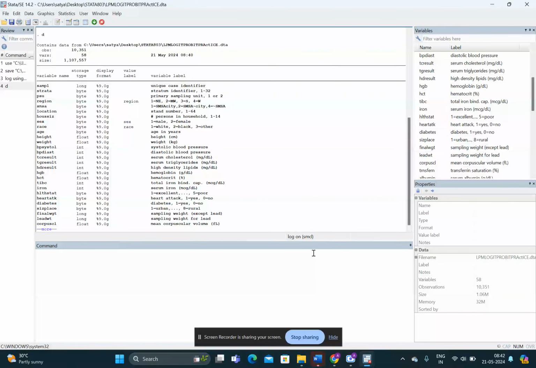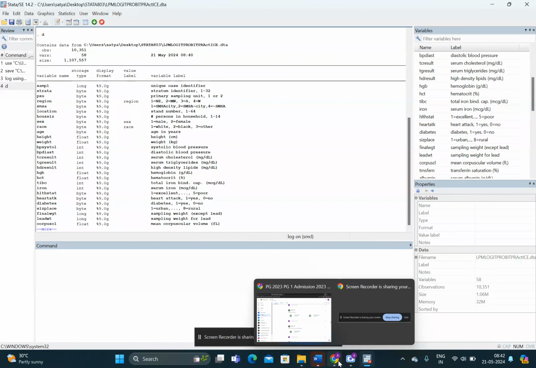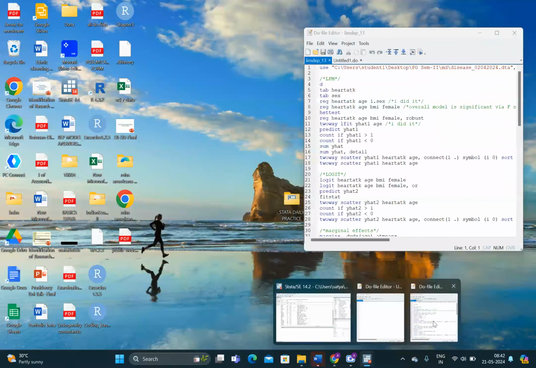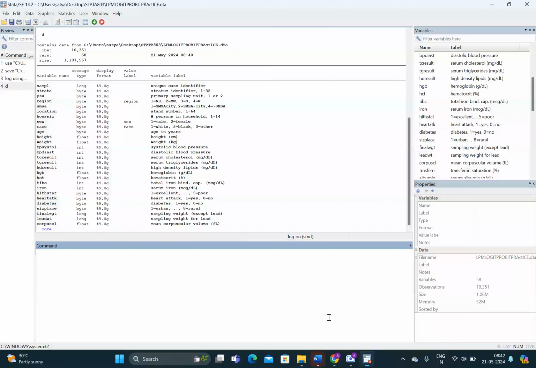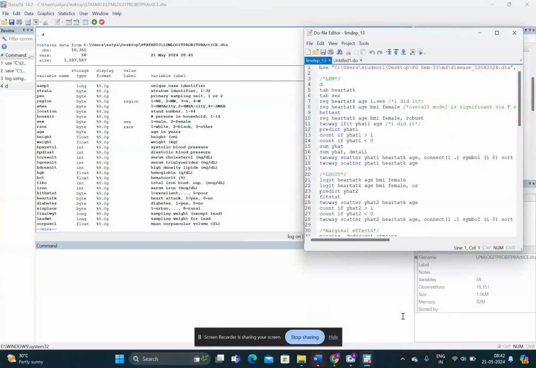So we will check on the basis of these explanatory variables how the health of a person can be determined or can be affected. So first we will start with an LPM model.